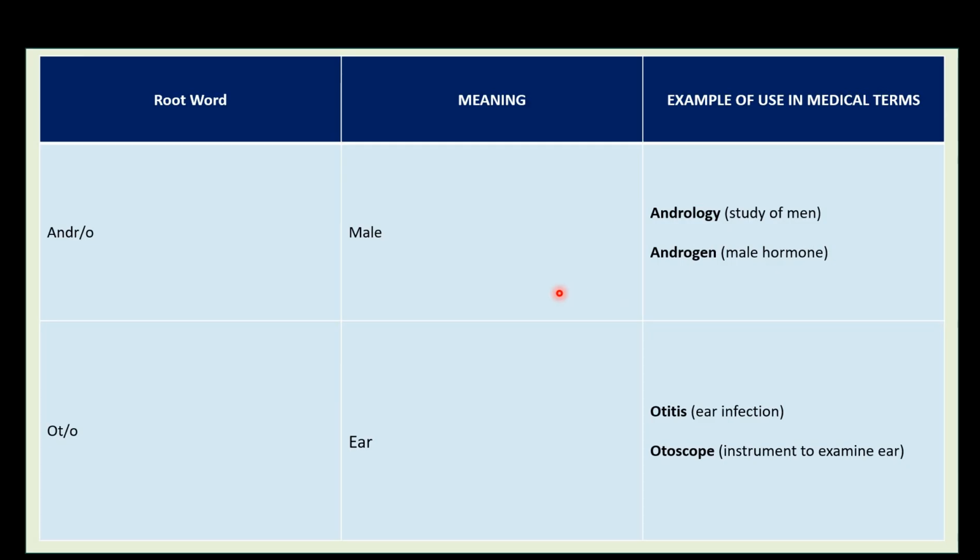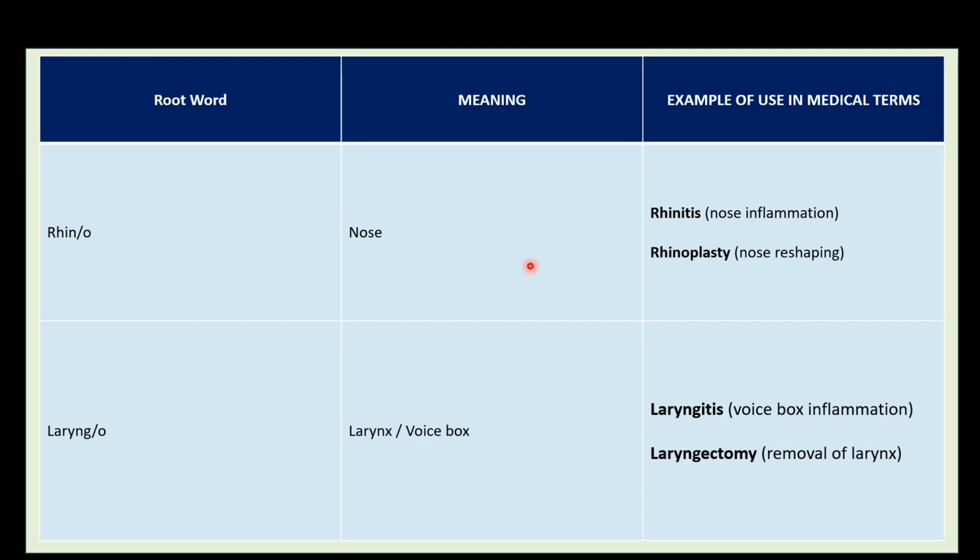Now we will move to the next slide with some more suffixes and some more root words. Let's start with the first one, which is RHIN, rhin or rhino, that is related to the nose.